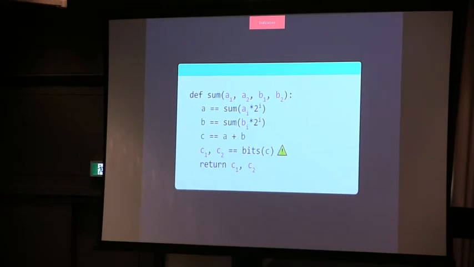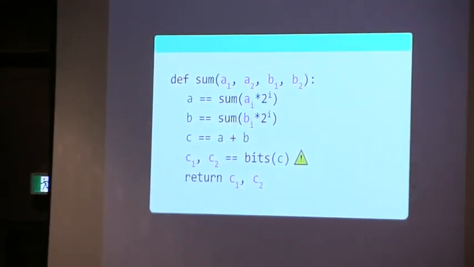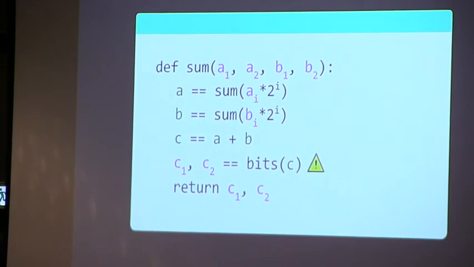Here's an idea. So I represented it as a ZoKrates function. Again, we take as inputs, so here for 2 bits, we take as inputs the bits of our inputs. So A1, A2, B1, B2. And then what we do is that at the first line, we calculate A as a field element, so going from bits to an integer.